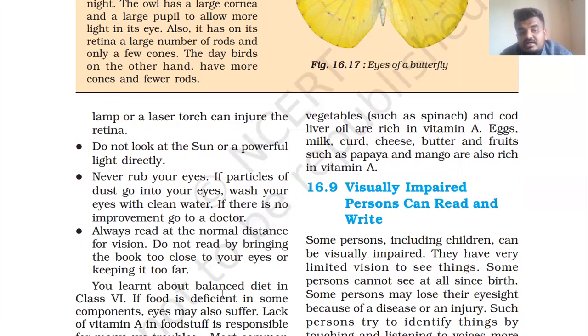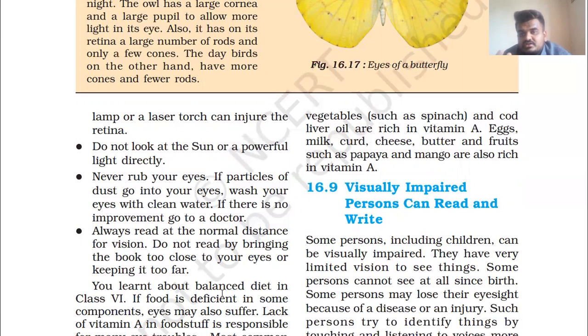Never rub your eyes if particles of dust go into them. Wash your eyes with clean water. If there is no improvement, go to a doctor. We should not rub our eyes if something goes inside.